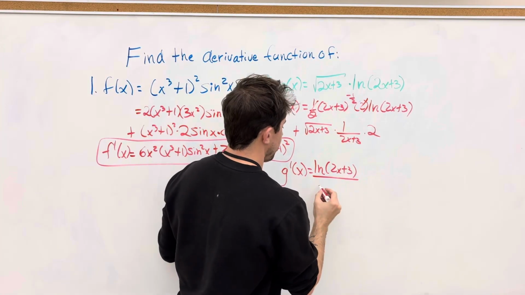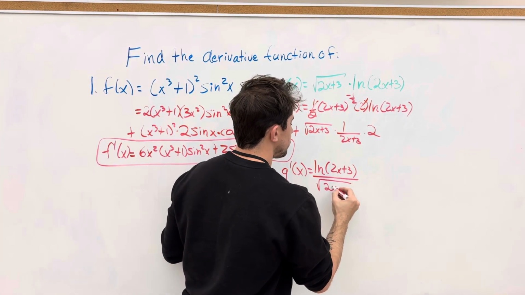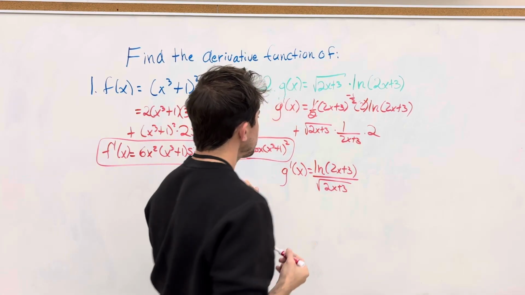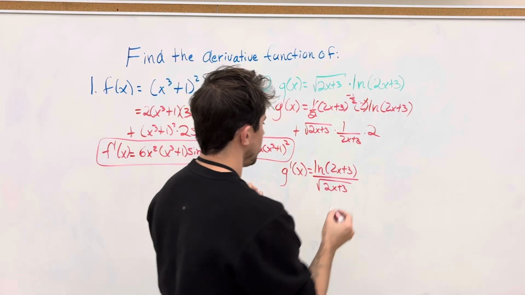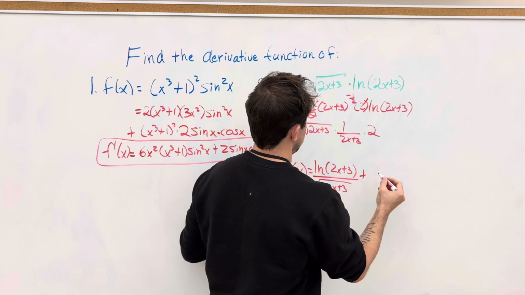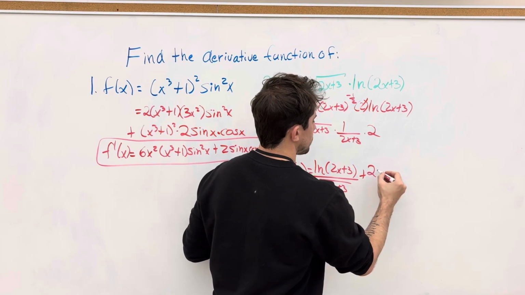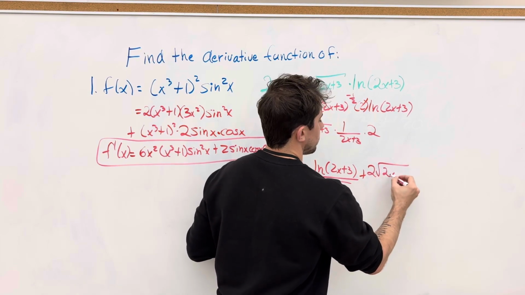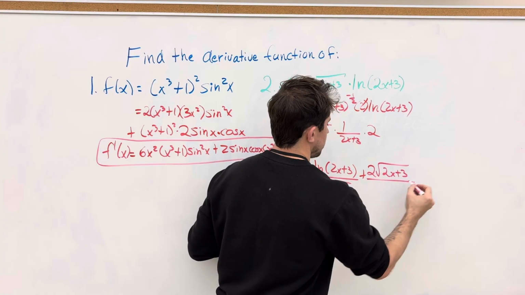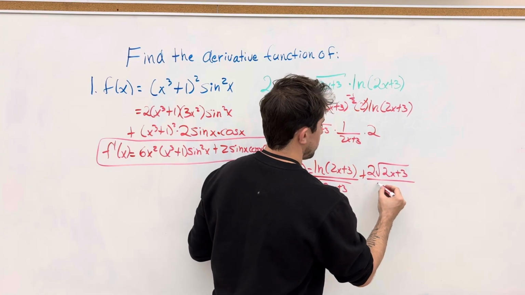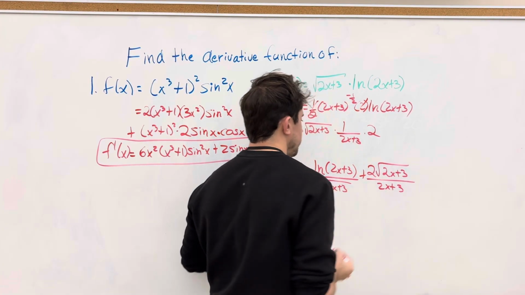And the exponent of 1/2 means the square root of 2x plus 3. And then over here we have plus 2 square root of 2x plus 3 all over 2x plus 3.